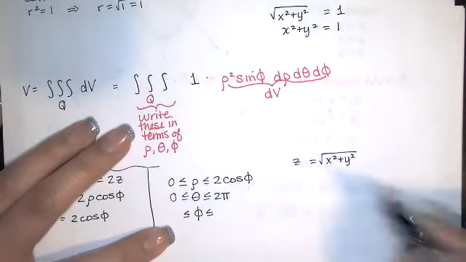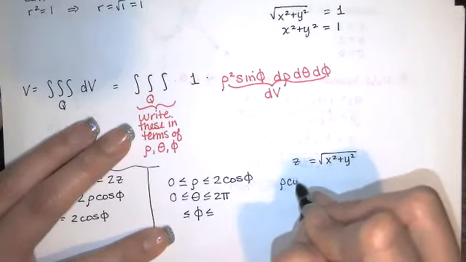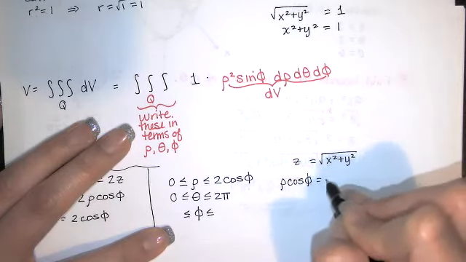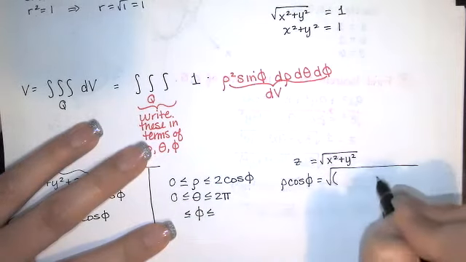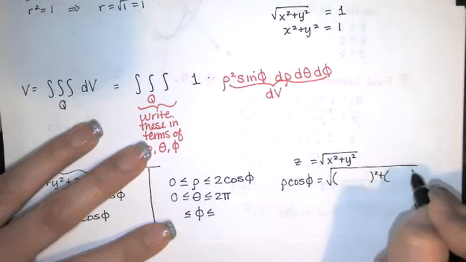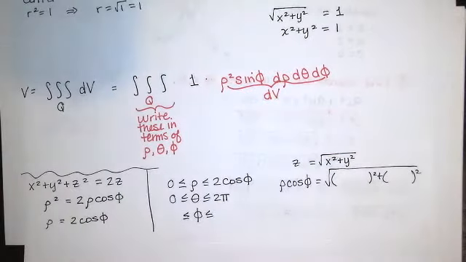Well, to do that, we're going to substitute. Remember, z is equal to rho cosine of phi. And x and y can be written in terms of rho and phi and theta as well. There's not enough room on here, so I'm going to use another sheet of paper.